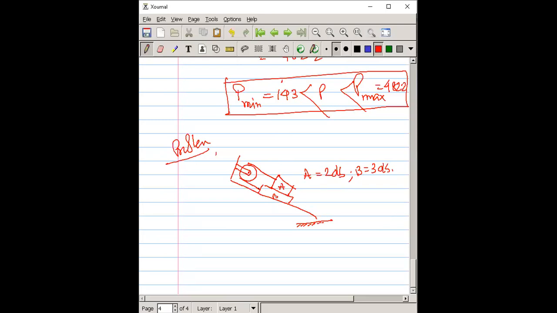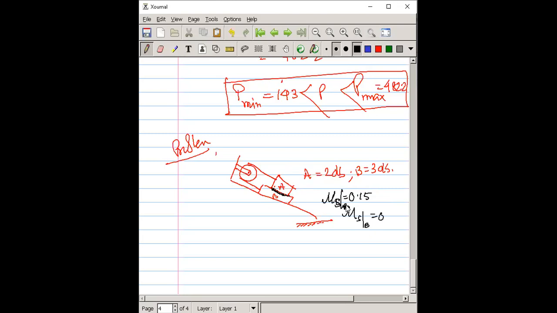Now if the coefficient of static friction between the two blocks, in this position here, is given as mu s between AB equal to 0.15, and mu s between B and the surface is 0.